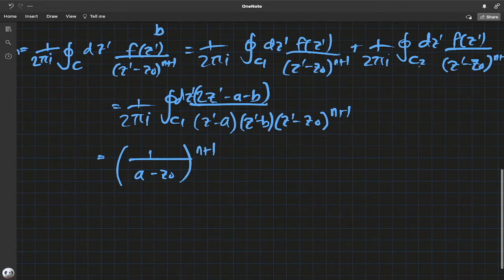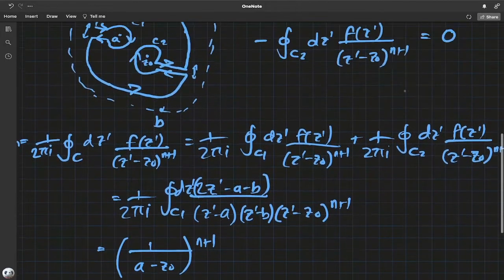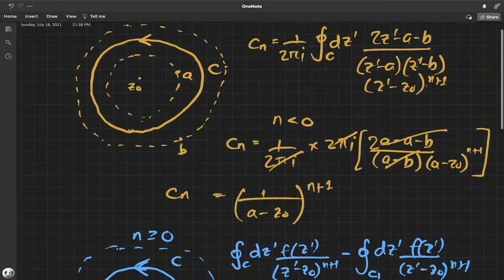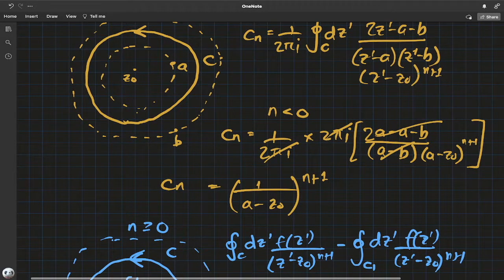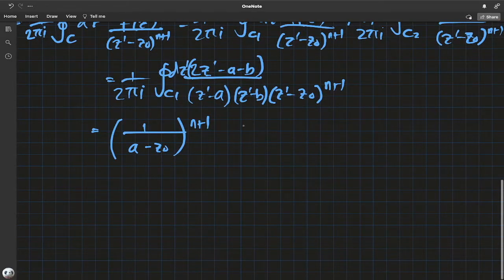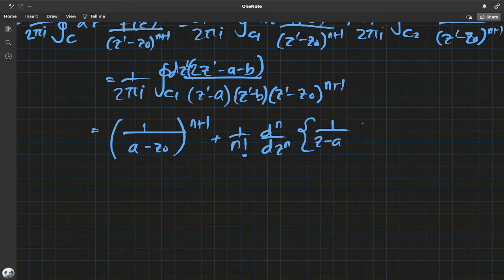I won't bother writing out everything for C2, but notice that the only singularity it encloses is z naught, and z naught has this n plus 1 power after substituting it in for f of z prime. So this is just the nth derivative of the Cauchy integral formula, just like we had before for case 1. Divide by n factorial, nth derivative of 1 over z minus a plus 1 over z minus b taken at z equal to z naught.